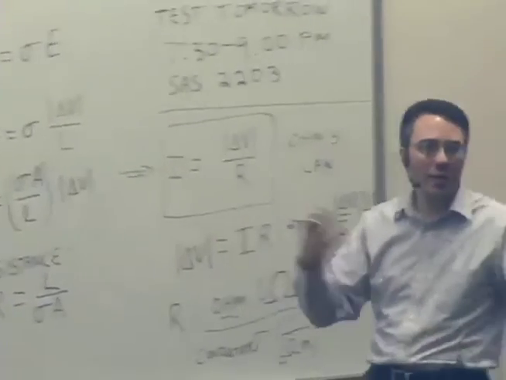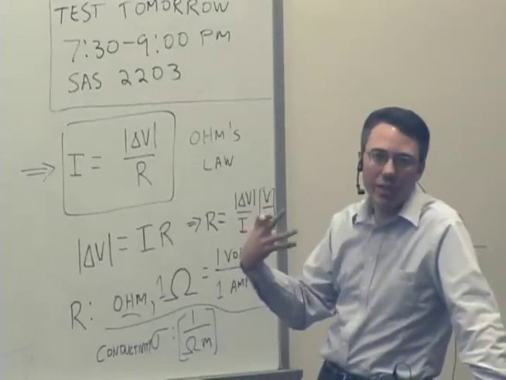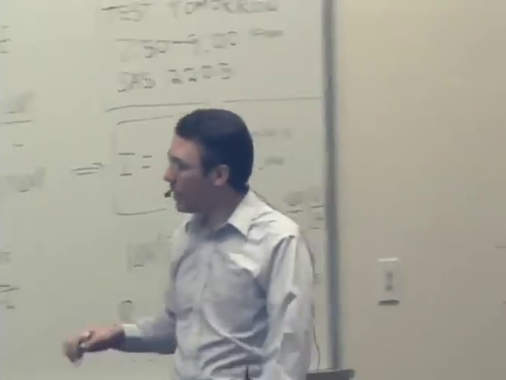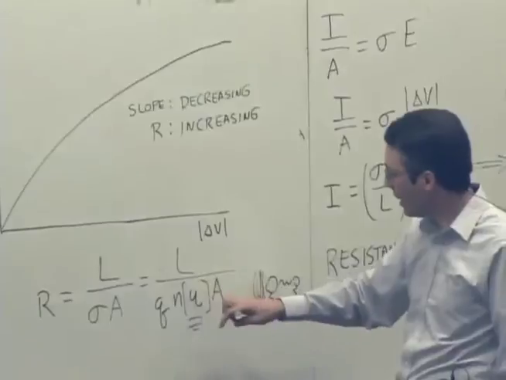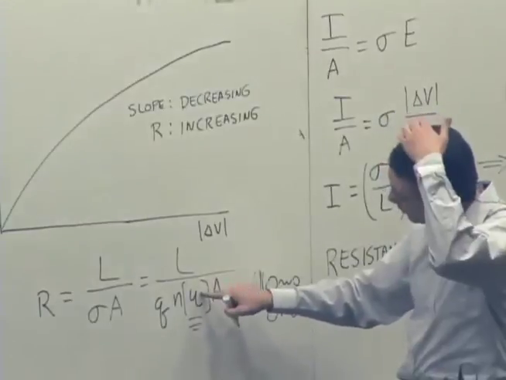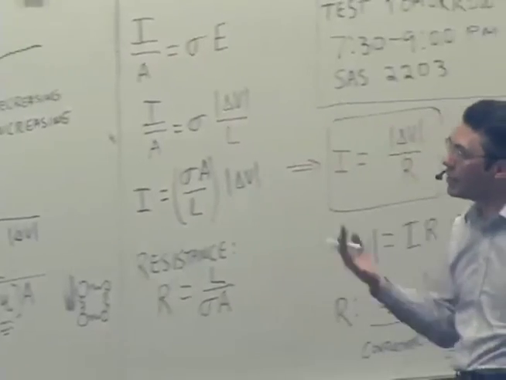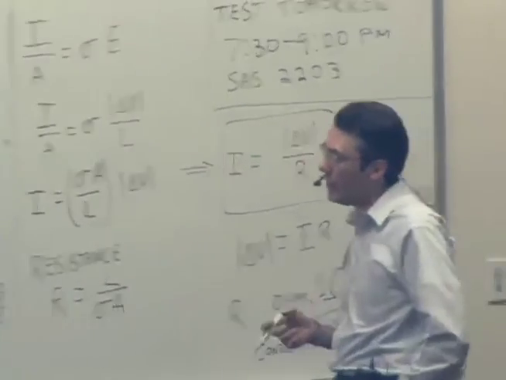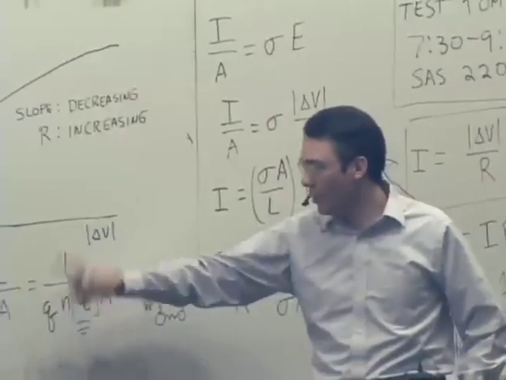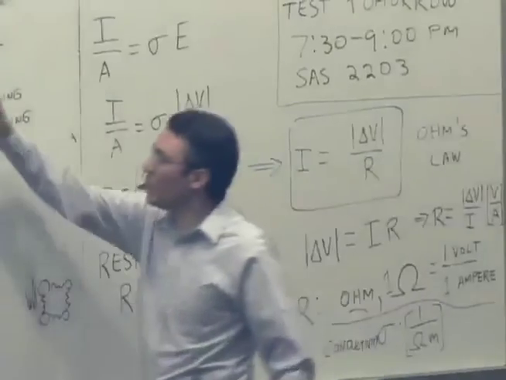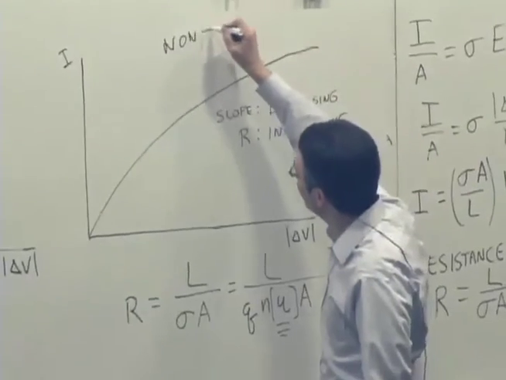There's going to be a greater likelihood of collisions as the electrons flow through. So it's the temperature dependence of the mobility in most metals that really affects the temperature dependence of the resistance. If the mobility goes down, the resistance is going to go up, and therefore the slope of this thing is going to decrease. Okay? So this is what's called non-ohmic behavior.